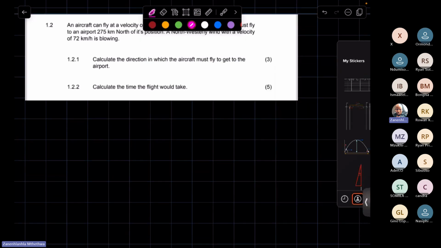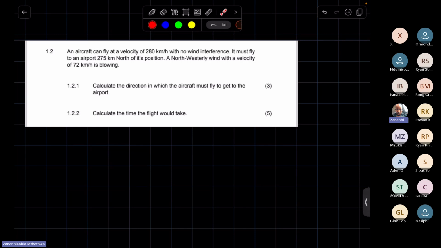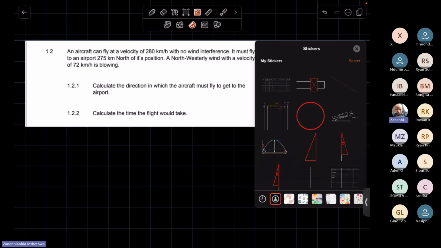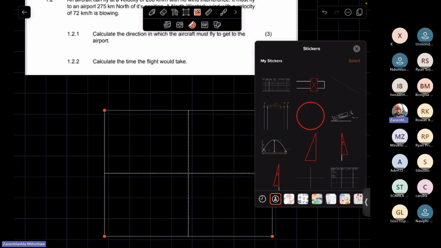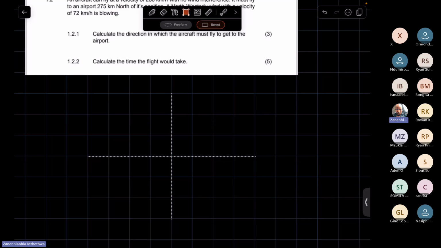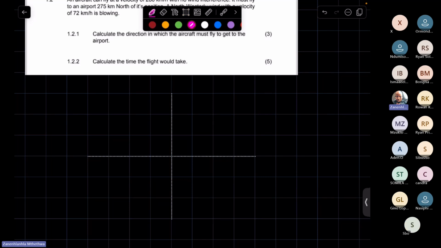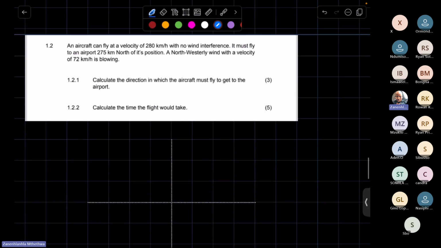Okay, beautiful. Now let's look at questions. In fact, before we get to questions, let's represent these vectors on the Cartesian plane. All right. So we have VO, the original vector.